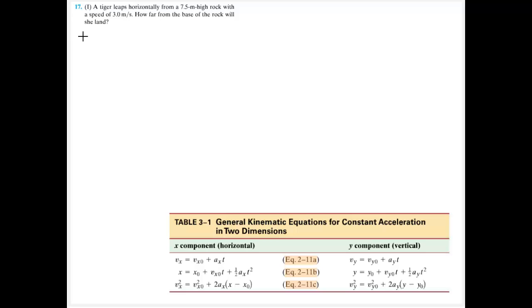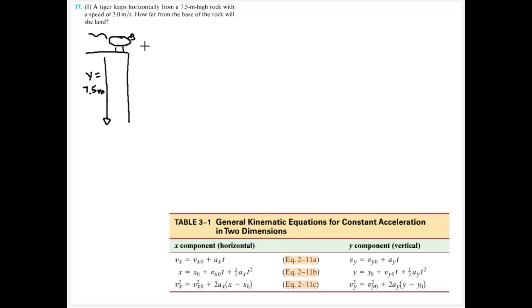So let's look at kinematics in 2 dimensions. I'm going to have a tiger. The tiger is going to be leaping off of a 7.5 meter high rock. So 7.5 meters, that's going to be my y distance. I've just got to draw my tiger.